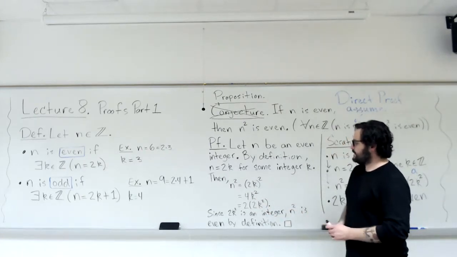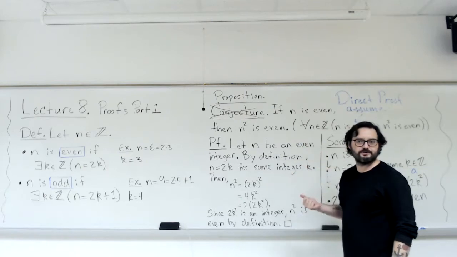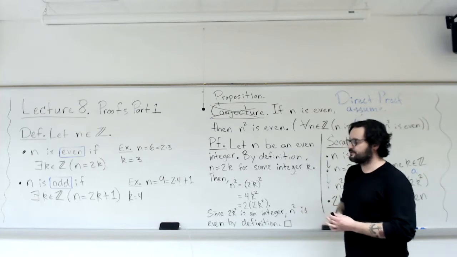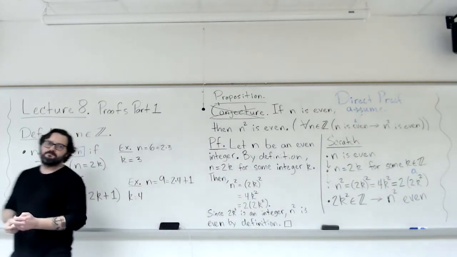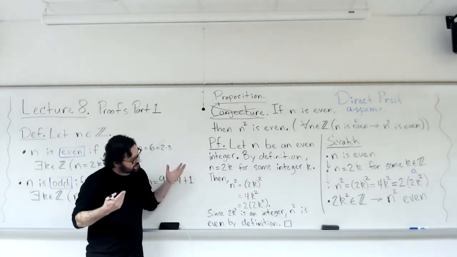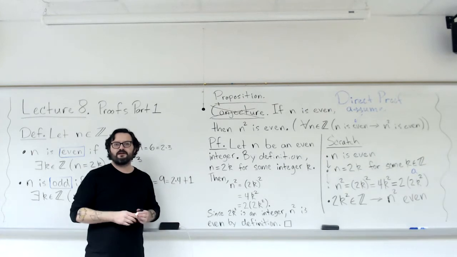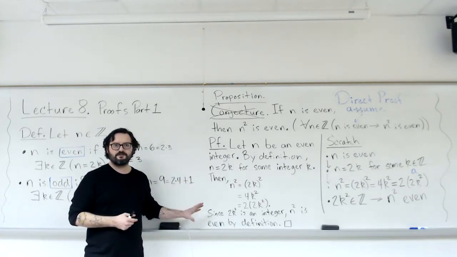Now the detail that I require you to do when you're writing these proofs has in the past annoyed CS majors in discrete math because it doesn't seem immediately applicable to programming. However, think about what's going on here.